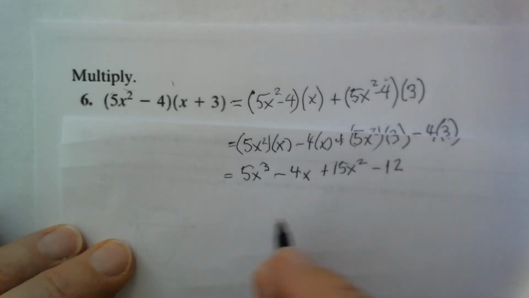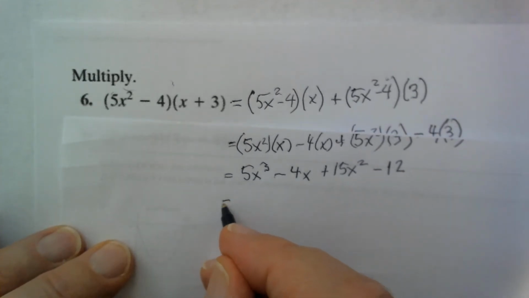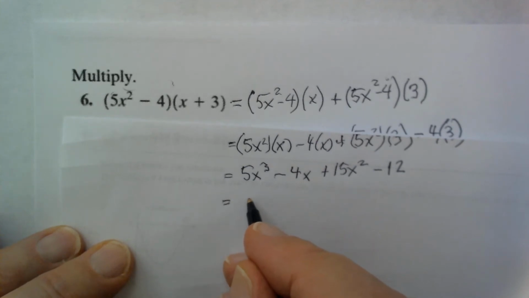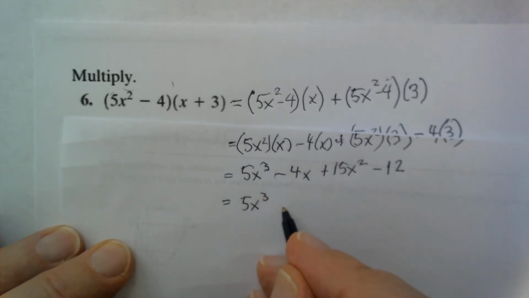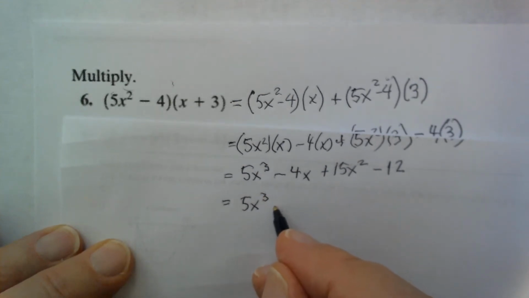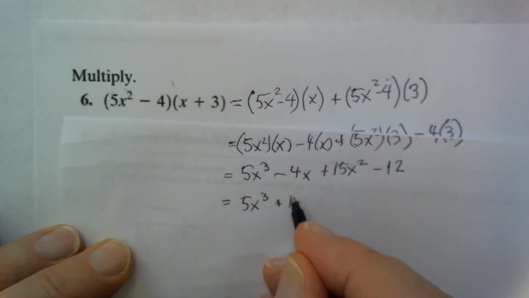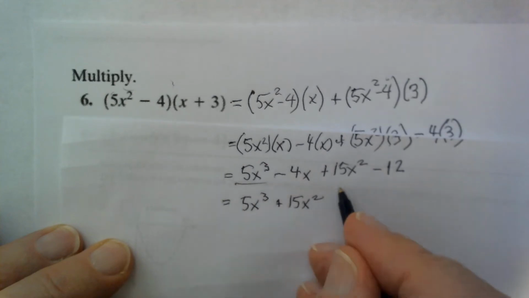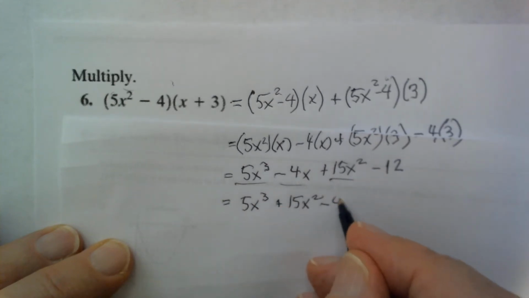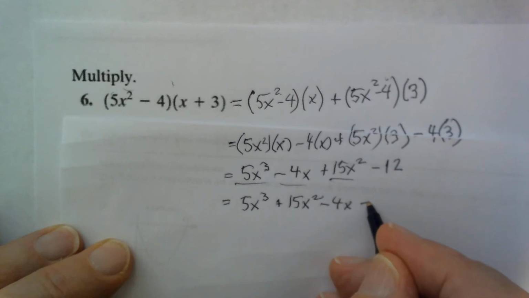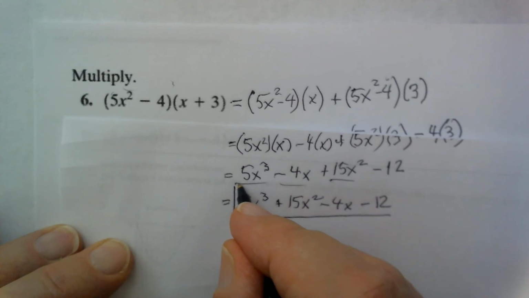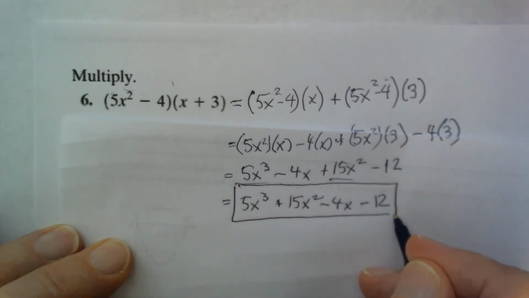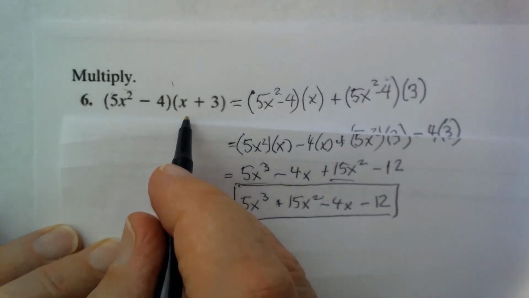And so then finally we have 5x to the third plus 15x squared minus 4x minus 12. So there would be our final answer for the product of these two binomials.